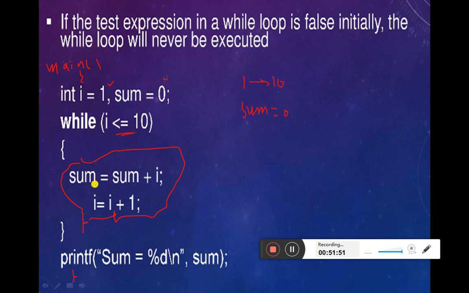So we perform the addition: sum equal to sum plus i. The right hand side is evaluated first. The current value of sum is 0, 0 plus i, that is 1. Now sum becomes 1. Now i is incremented by 1, so i, initially 1, becomes 2.